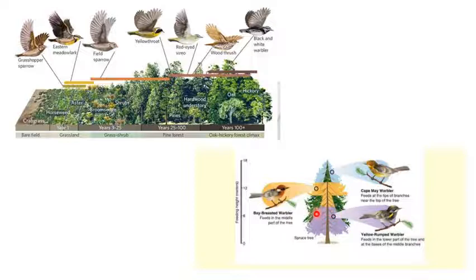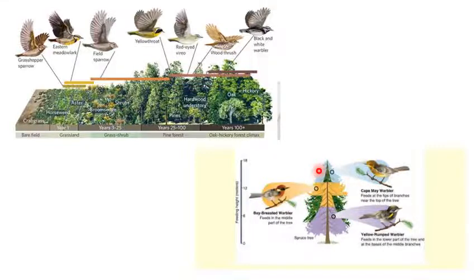So it just goes and feeds on whatever insects are available, and it builds its nest here. Likewise, this bird lives in this portion and this bird lives on the top of the tree, so that they have their own niches instead of competing with each other.